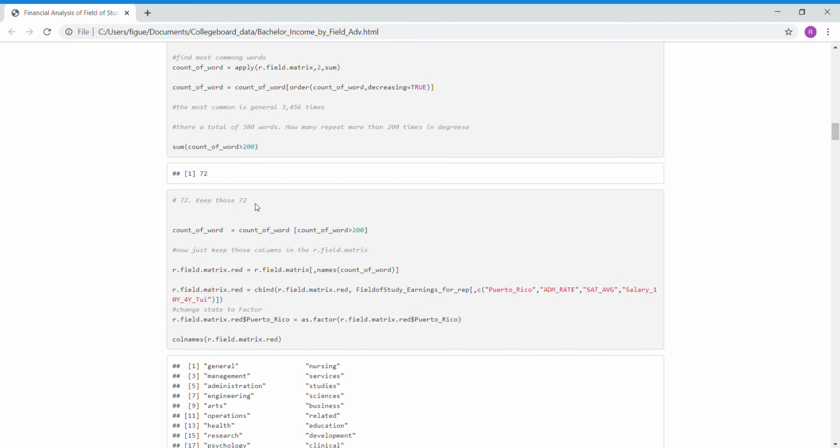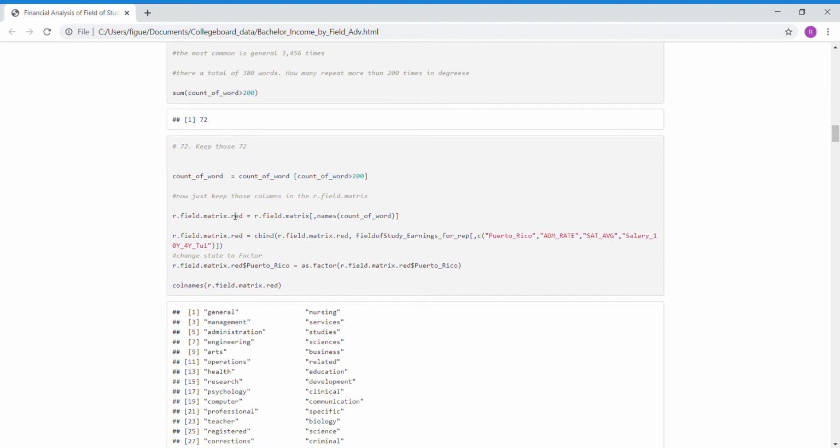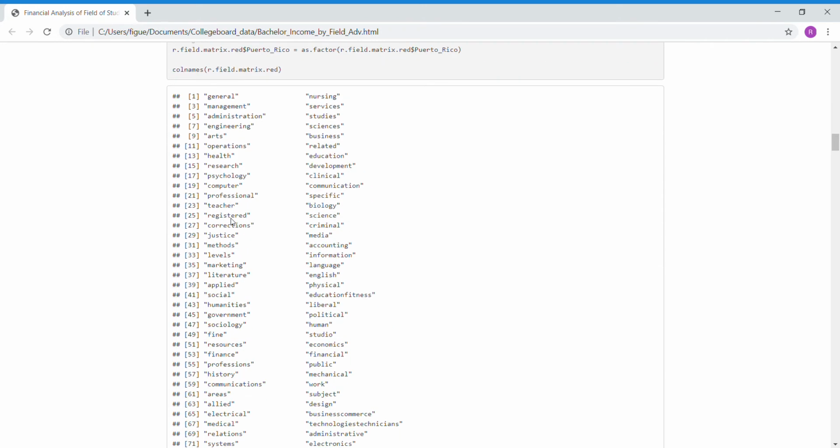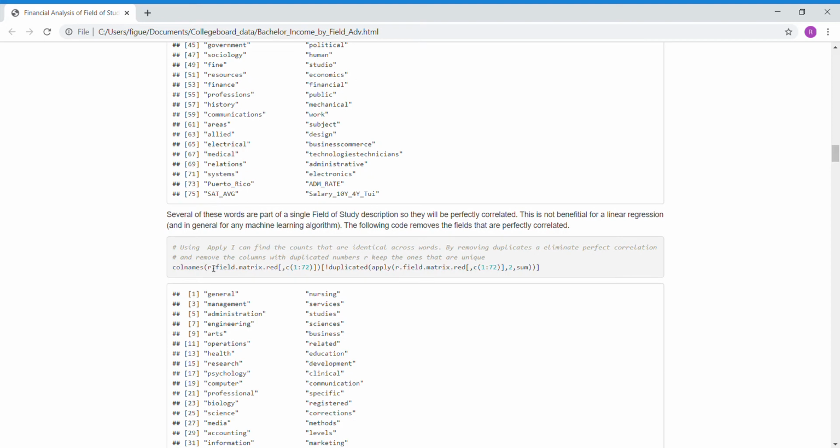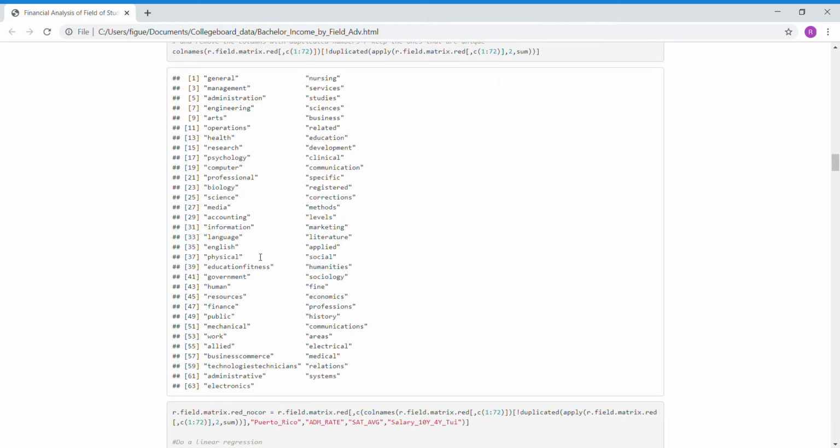In the beginning, I got these 72 that are listed right here. However, we know that there are a lot of overlapping words in the field of study, so I had to eliminate the ones that were perfectly correlated. So that's what I'm doing here, so I end up with a shorter list.